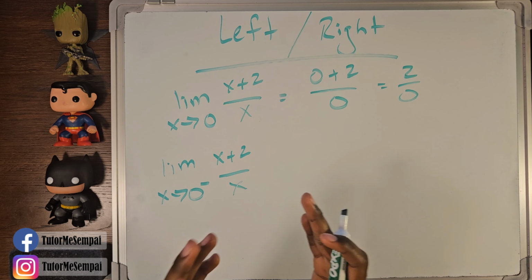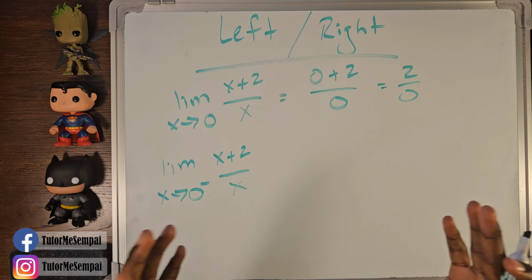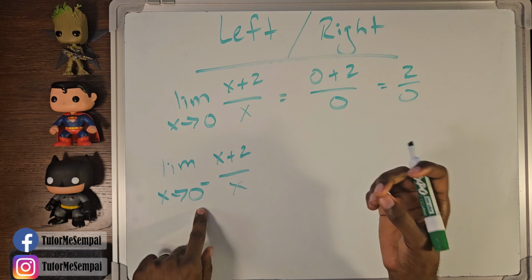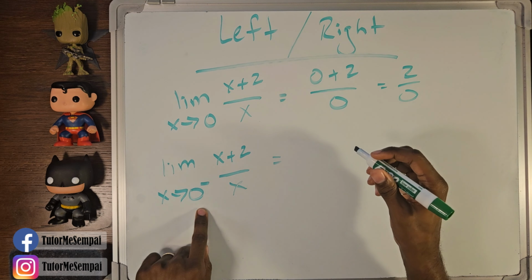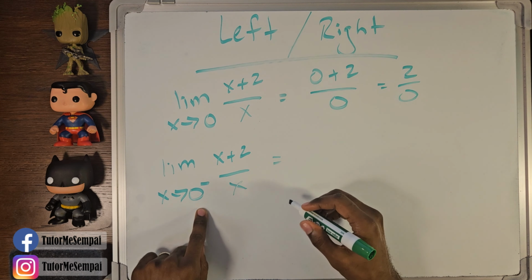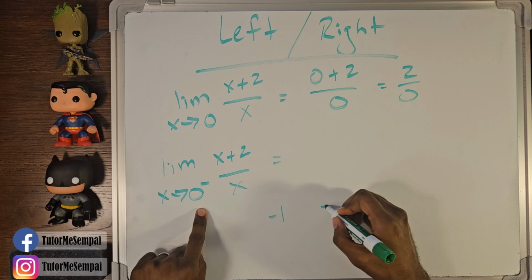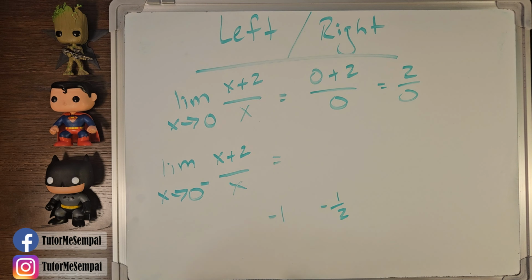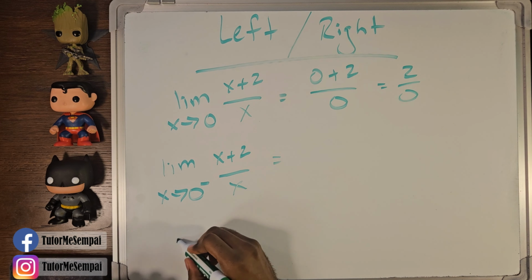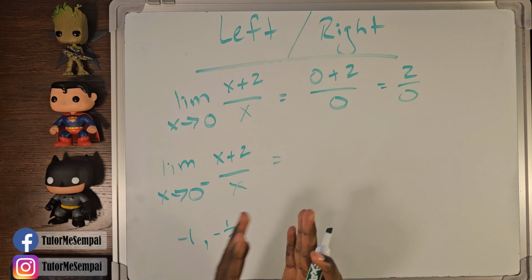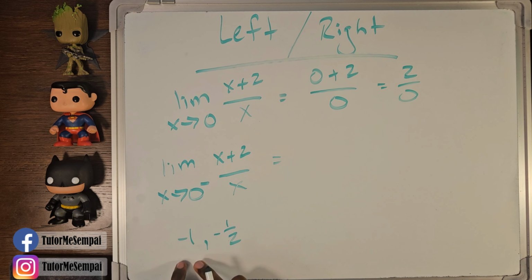One that's a little bit further out, but not too far, and one that's getting closer and closer to 0. So let's say we're going to try -1 and -1/2. These are going to be our two numbers that we're going to try. Both of these numbers are going to be on the other side of 0, but they're getting closer to 0 from the left.